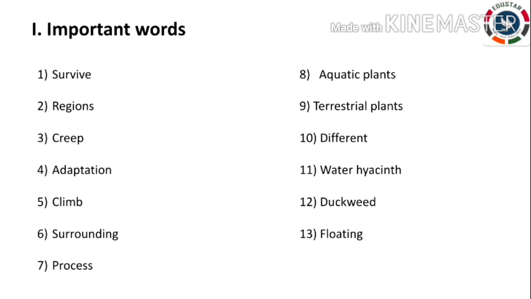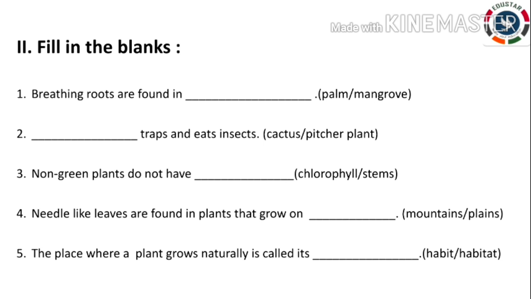Next, like this you have to write. The second part is fill in the blanks. Here I have given 10 fill in the blanks. First one, breathing roots are found in palm or mangrove. Where are the breathing roots found? Mangrove. Dash traps and eats insects, cactus or pitcher plant.